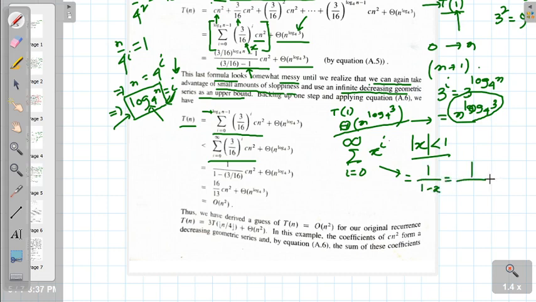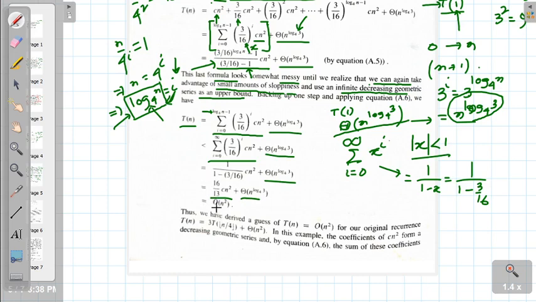So this will be 1 by 1 minus 3 by 16. So this will be 16 by 13 Cn square. To reach this conclusion from the earlier formula might be making your life hell. Instead, if I take the help of this infinite series formula, then our life will be much easier.